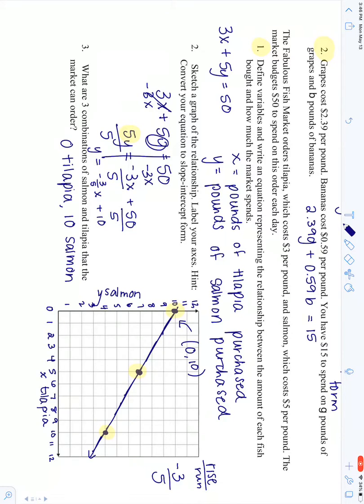I'm just being lazy and not writing it all. Then this one is (4, 7), which is 4 pounds of tilapia, then 7 pounds of salmon, and then this one would be 10 tilapia and 4 salmon.